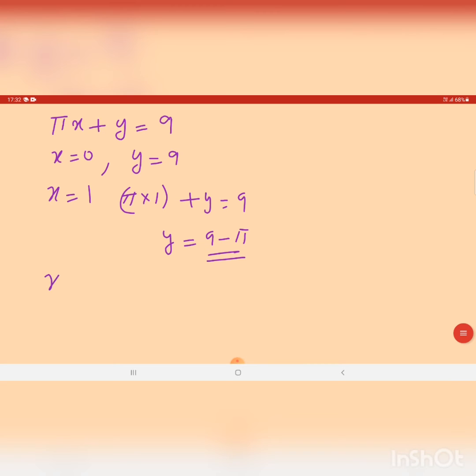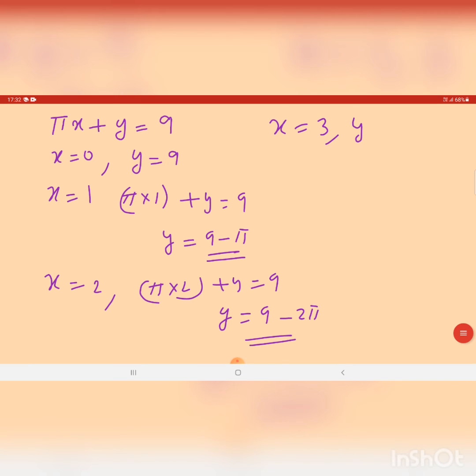Now put x equal to 2, then pi into 2 plus y is equal to 9, or y is equal to 9 minus 2 pi. Now put x equal to 3, then y is equal to 9 minus 3 pi. These are the solutions for the equation pi x plus y is equal to 9.